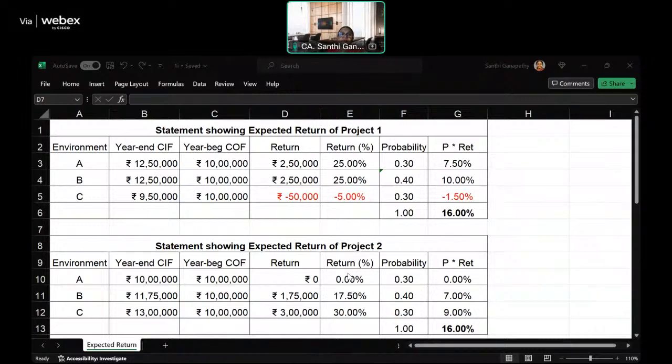So I will take the year-end cash inflow, deduct the year beginning cash outflow to arrive at return. Then return should be found as a percentage, multiplied with the probability, to get the expected return. This is for project 1 and 2, which are like the securities when we work in the capital market. Apart from this, you have the market. Existing projects will take the place of market.